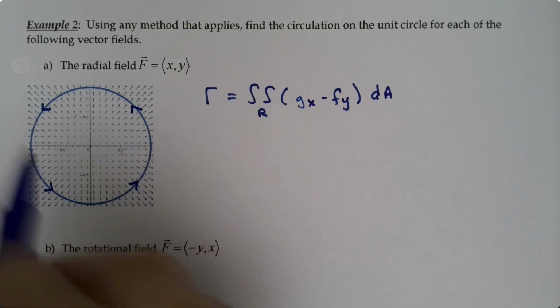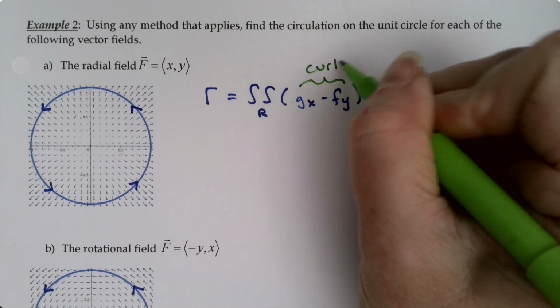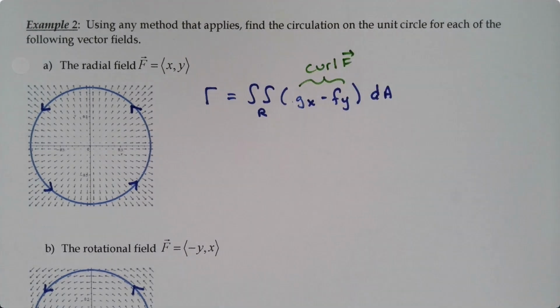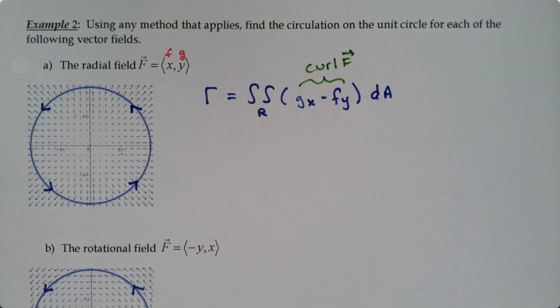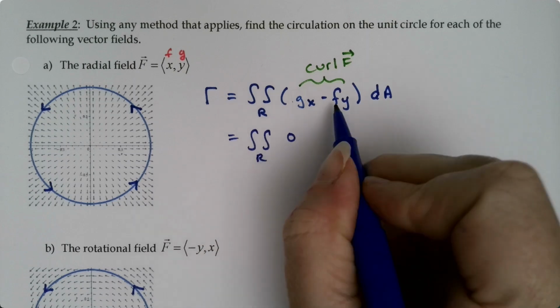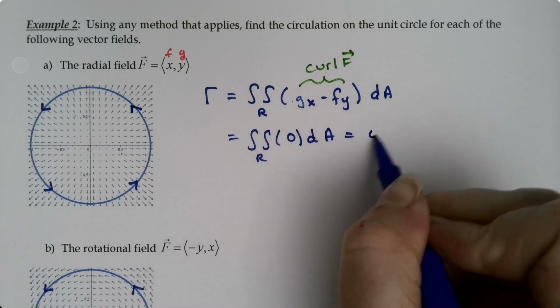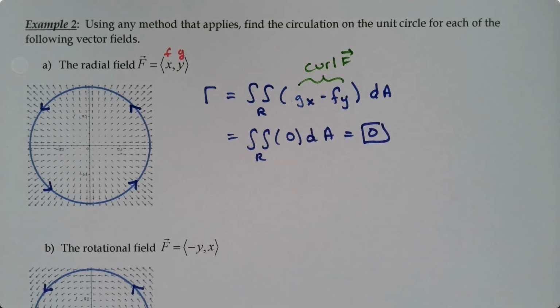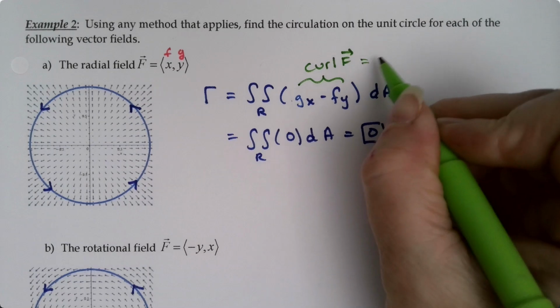Okay, so just a reminder, this is called the curl of F. All right, so g sub x, well, this is f and this is g. So g sub x is actually 0. And then f sub y is also 0. So this is 0. As a matter of fact, we can tell that the curl is 0 right here because we saw that this became 0.